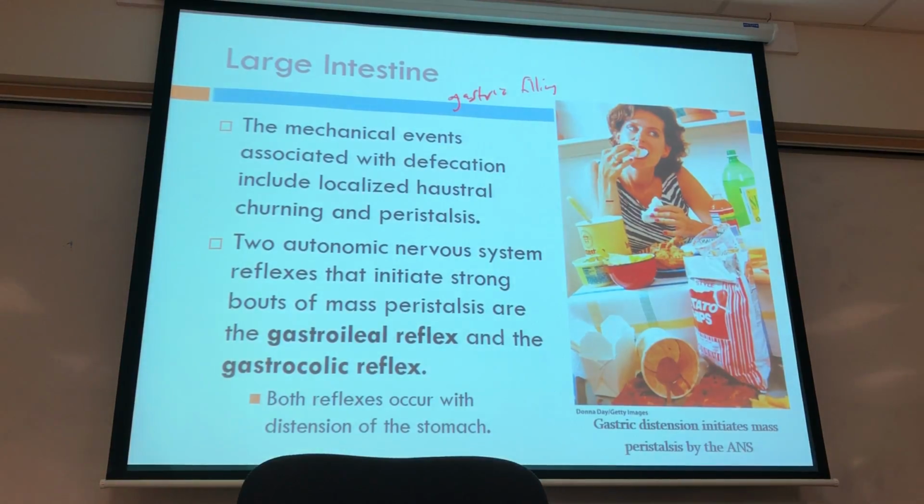All of these reflexes come into play to help move and propel that stuff down the alimentary canal.